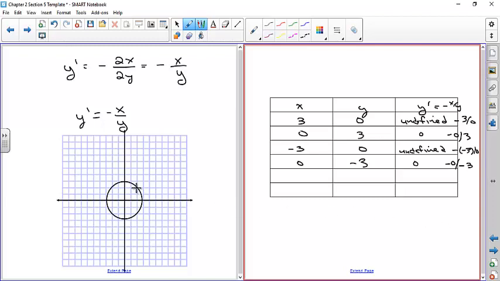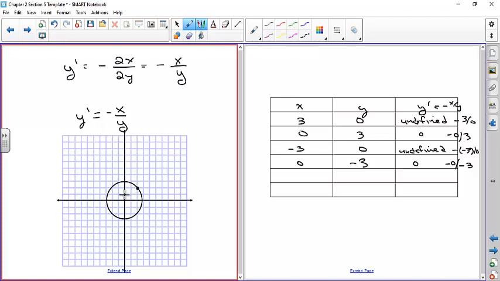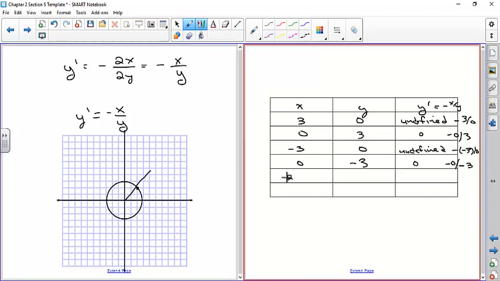Now there's another point, let's say right here at 45 degrees. This point is going to be equal to 3 times the square root of 2 over 2. So let me find my calculator. If I take 3 times the square root of 2 divided by 2, that point midway from here to here is going to be 2.1213 and 2.1213.